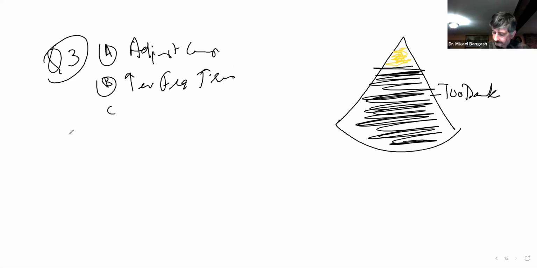C, increase the power output. And D, adjust reject.